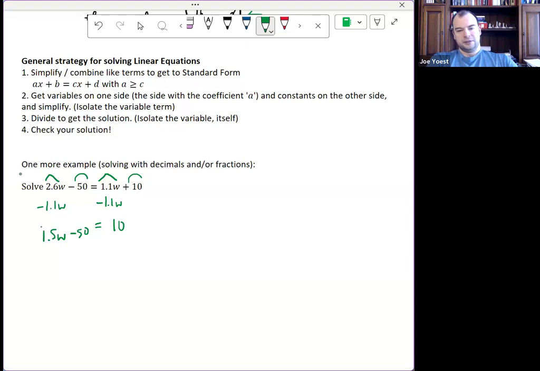So I've now combined my variable terms together. I would like to work on isolating my variable term, getting this 1.5W by itself. It has a minus 50 on it right now. I'll add 50 to both sides. And I have 1.5W equals 60 on the right side.